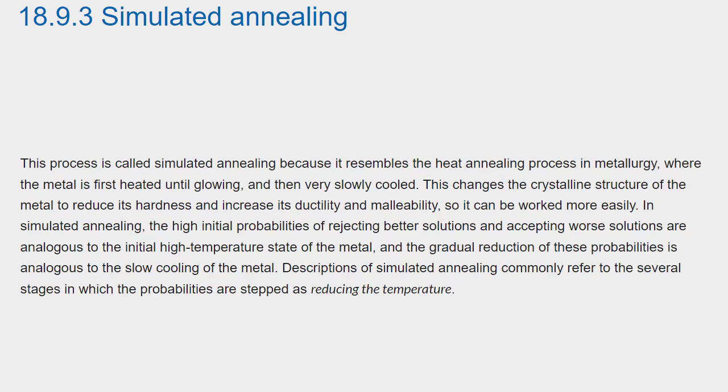worse solutions. This process is called simulated annealing because it resembles the heat annealing process in metallurgy, where the metal is first heated until glowing and then very slowly cooled. This changes the crystalline structure of the metal to reduce its hardness and increase its ductility and malleability so it can be worked more easily.